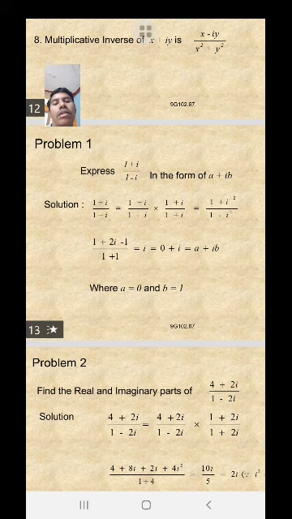So 2i is there in the numerator, and in the denominator 1 plus 1 means 2. So 2 gets cancelled, only i is there after cancellation. That equals 0 + i. This is in the form of a + ib, where a equals 0 and b equals 1.